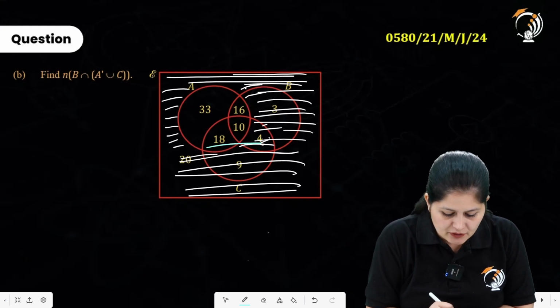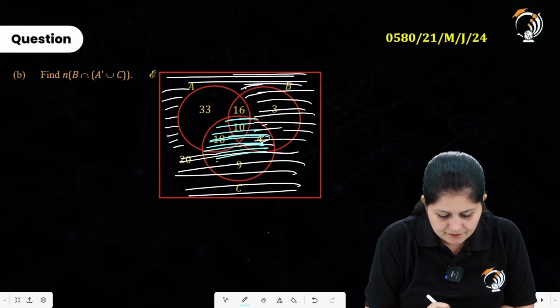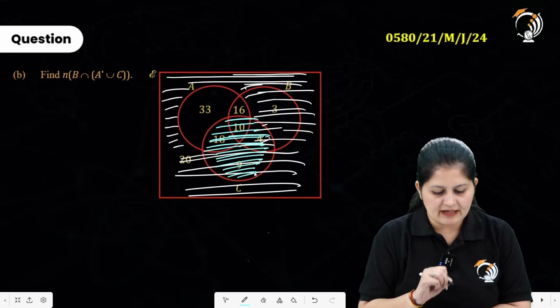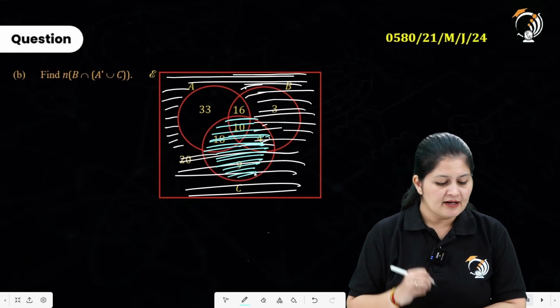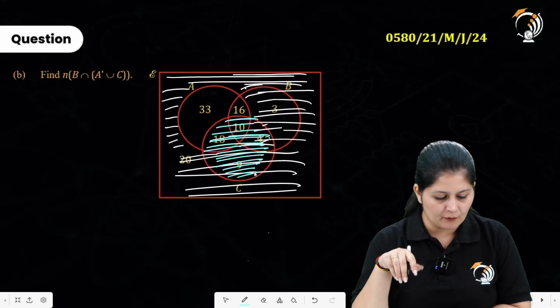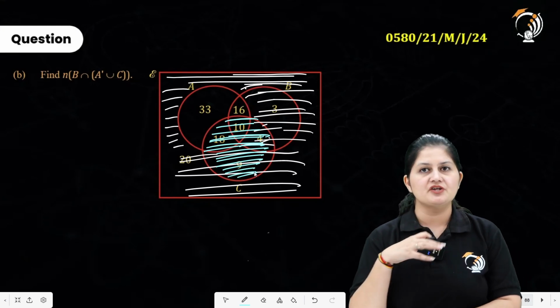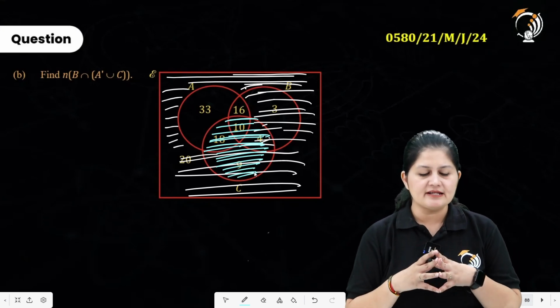So the region of C includes this particular part. Clear?